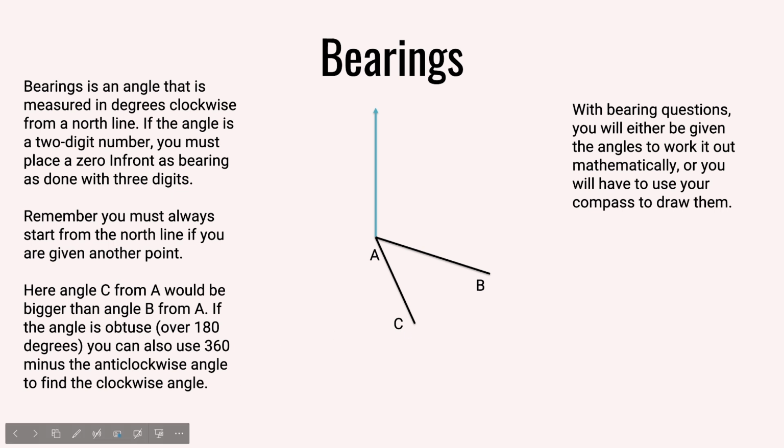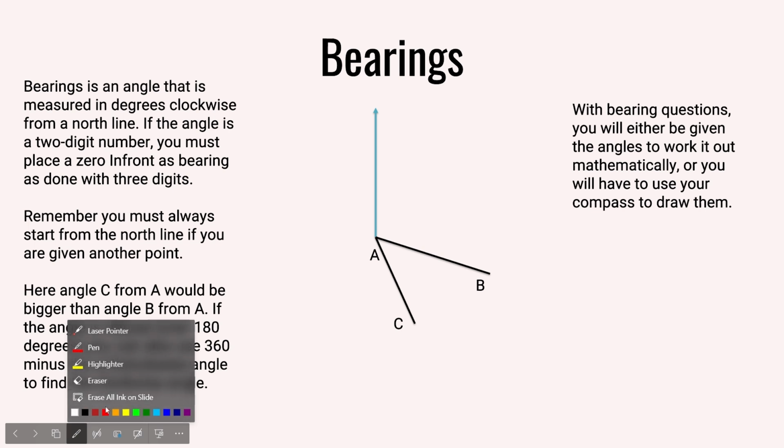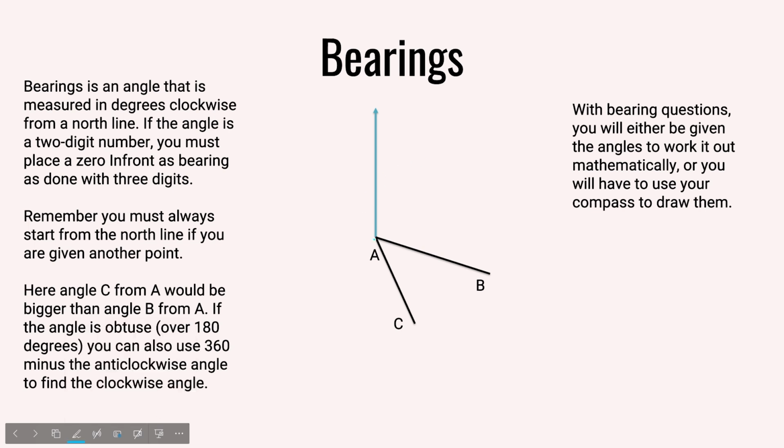What I mean by this is, say we have an angle here, and we want to find out from point A to say point D. What we can do instead of going all the way around is we can go backwards, find this angle, and do 360 minus this anti-clockwise angle to get our clockwise angle.